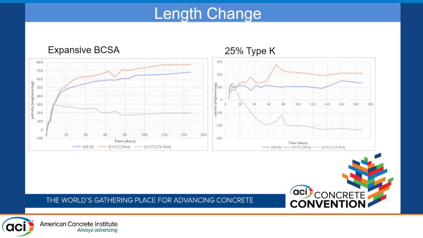And so we see expansion, and then we see a plateau in that expansion for the type K. We see a gradual increase over time for the expansive BCSA. But if we stop that water curing at 7 days, we start to see that shrinkage. And so this is where we are looking at the impacts of internal curing on these cements.